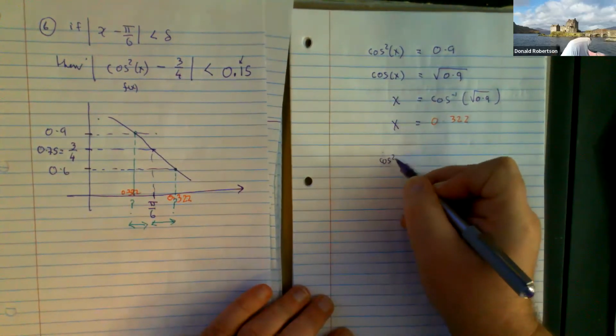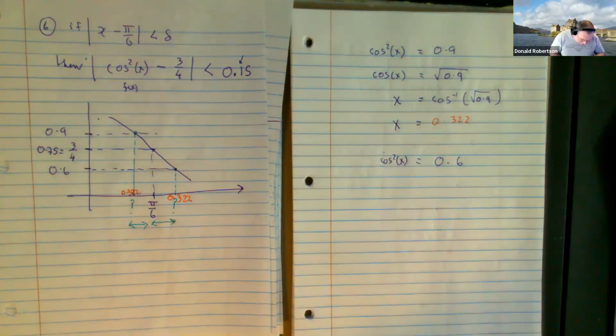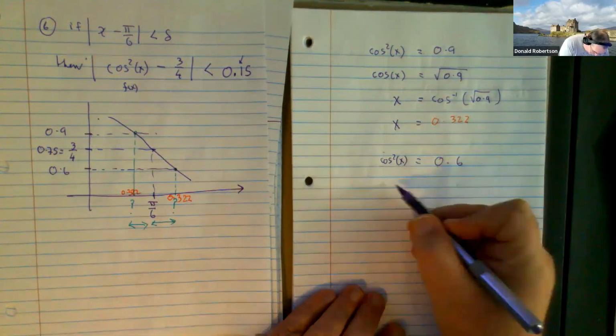So cos squared x is going to be equal to 0.6, and I want to find out what value of x makes that happen.